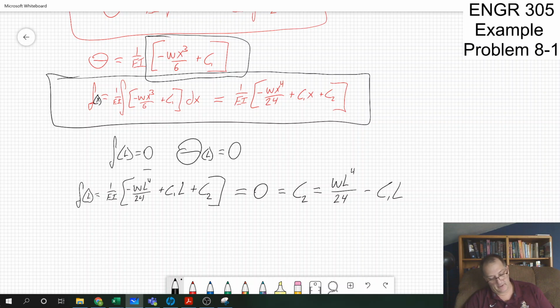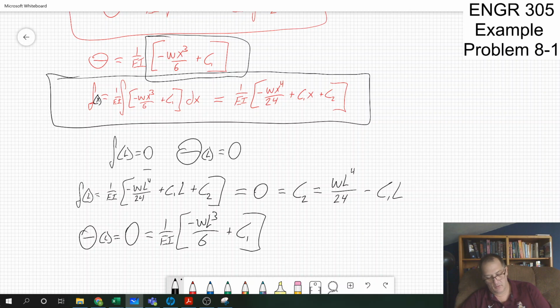You're right. So theta at L is equal to 0, is equal to 1 over EI times minus WL cubed over 6 plus C1. This inside has to be equal to 0.